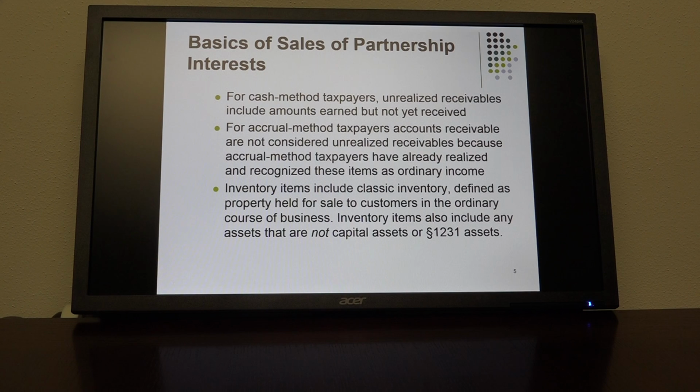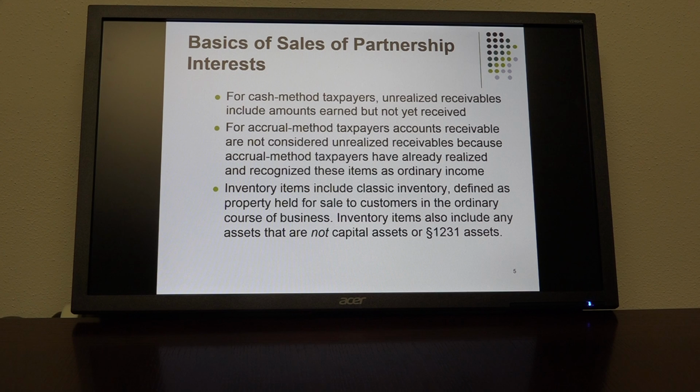Now, inventory items include, and again, why are we talking about this? Well, these are ordinary income assets. So if you have a partnership with these ordinary income assets, normally the sale of a partnership interest would be a capital interest, so they have a capital gain or loss.